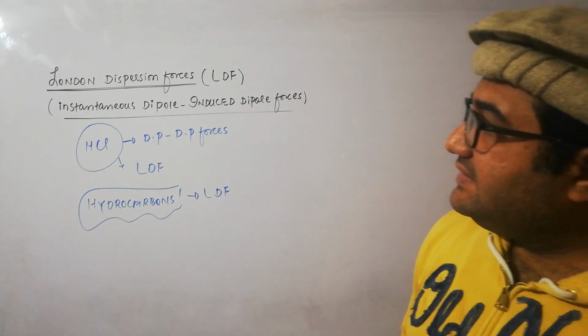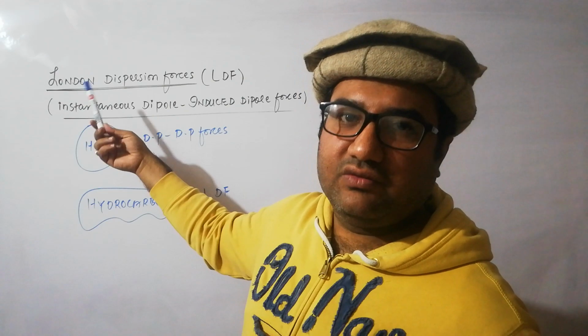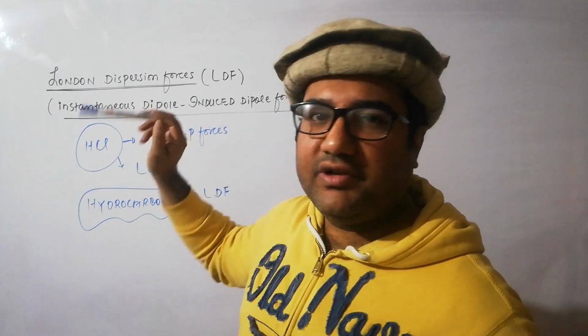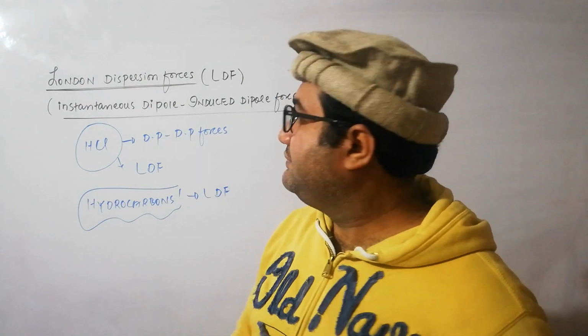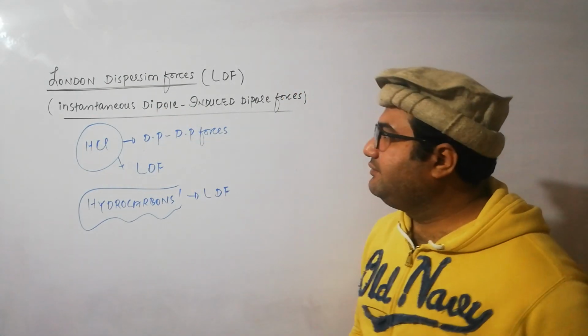Now why are they called London dispersion forces? Because Fritz London is a chemist who explained them. Dispersion because the electronic cloud is distorted or dispersed. Why are they called instantaneous dipole induced dipole forces?